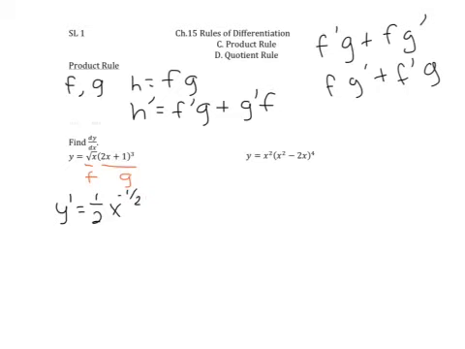Then just bring down the g, so we have 2x plus 1 to the cube, and then plus g prime, that's take the derivative of g, so bring down the 3, 2x plus 1, and then 3 minus 1, that's a second power.